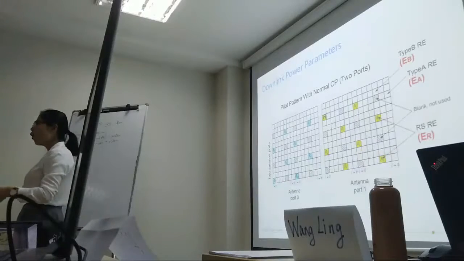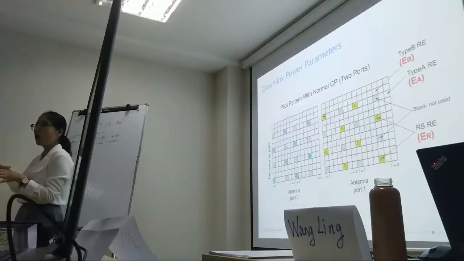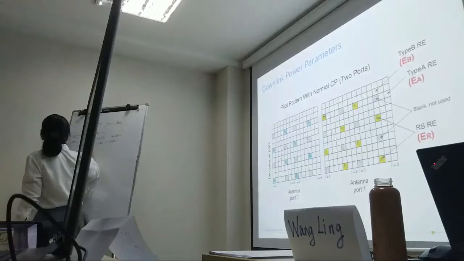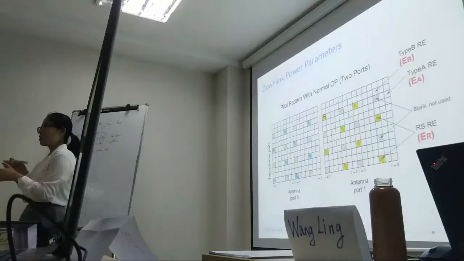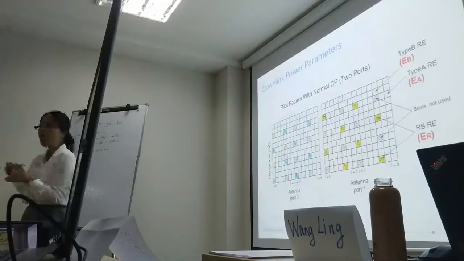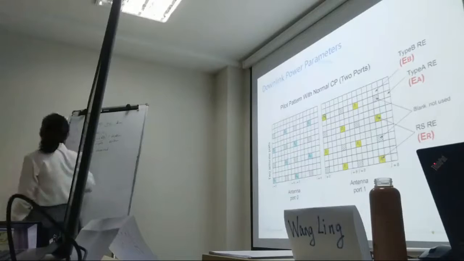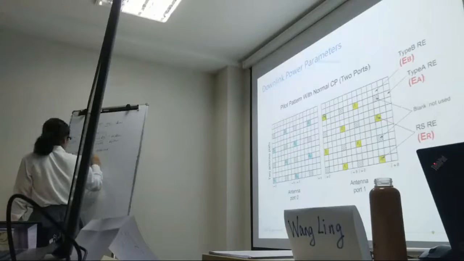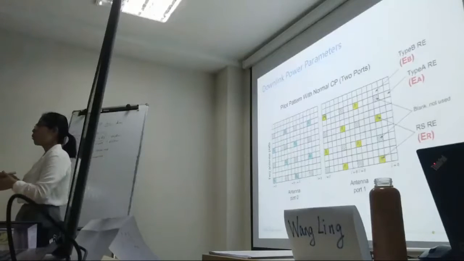If the symbol contains only normal RE, that is, no RS contained, it is a type A symbol. If the symbol contains RS, it is a type B symbol.